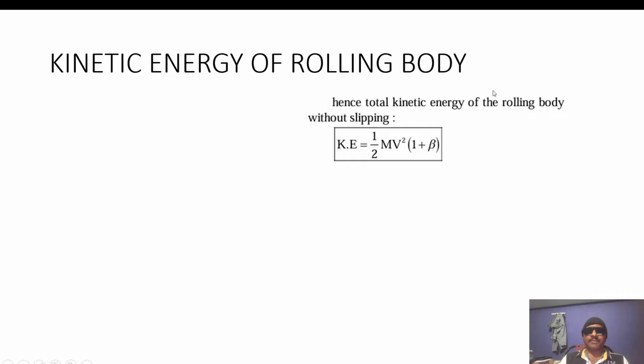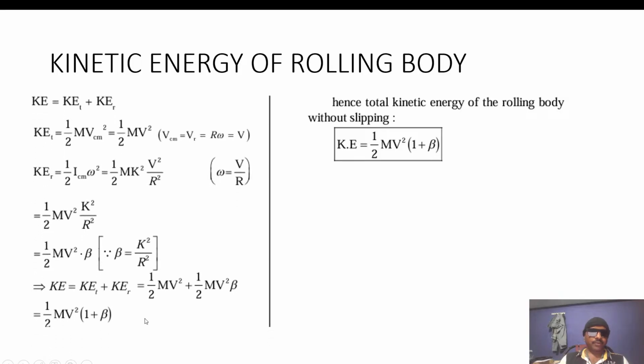Okay. Next, kinetic energy of a rolling body. This is kinetic energy 1 by 2 mv square into 1 plus beta. Translational kinetic energy is 1 by 2 mv square. Rotational kinetic energy is 1 by 2 I omega square.